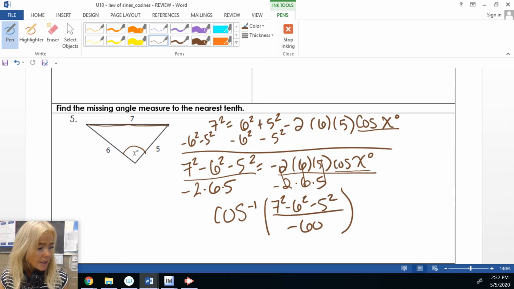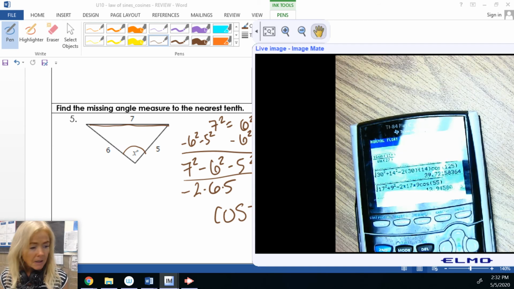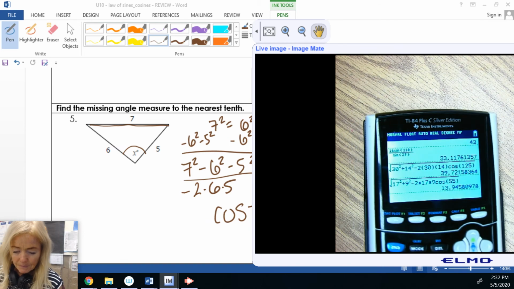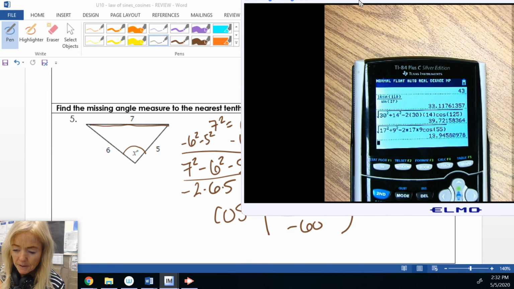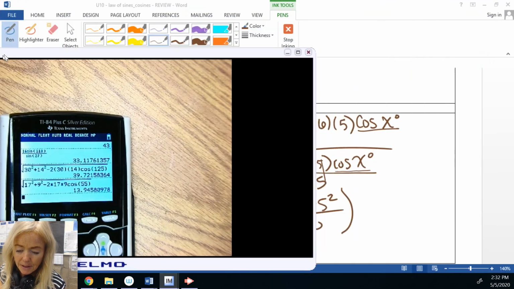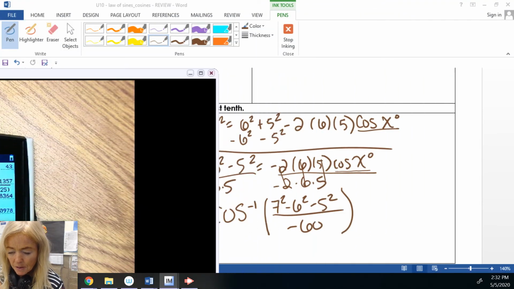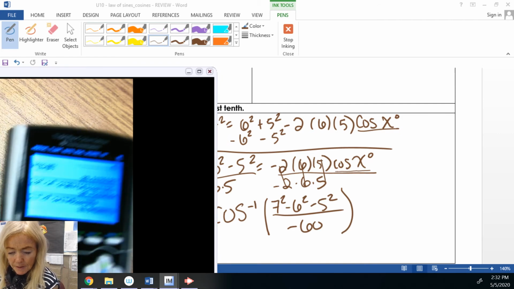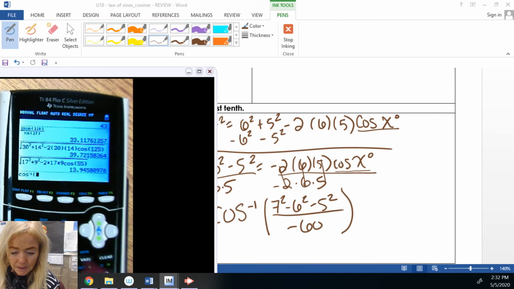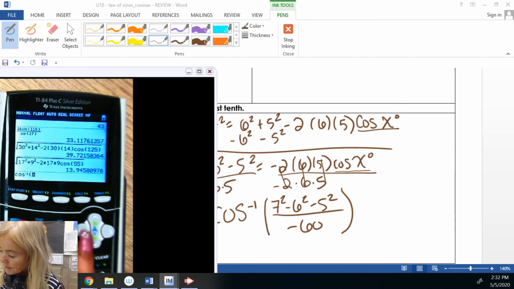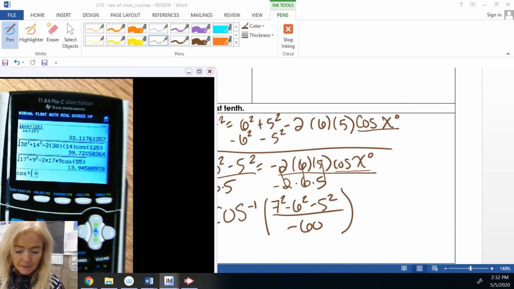Now I'm going to show you on the calculator for this one. So cosine inverse: you hit second cosine, and then you hit your fraction, so you have n over d there.